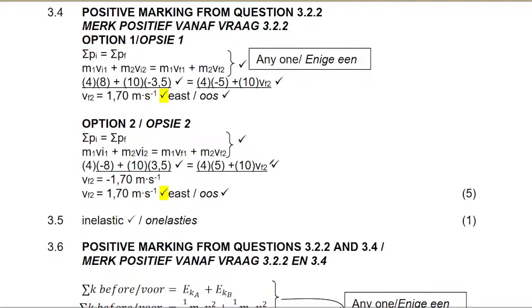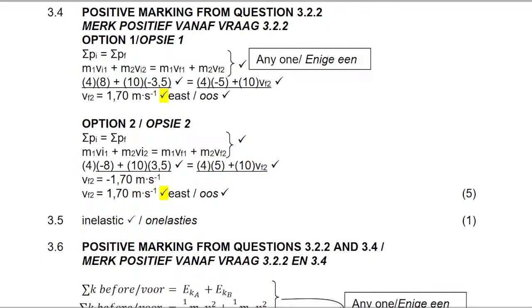The learner will get 1 mark for the equation of momentum, whether they broke it down or used the original equation, and then 1 mark for substitution on the left-hand side, where 4 is multiplied by 8, and also where 10 is multiplied by a negative.